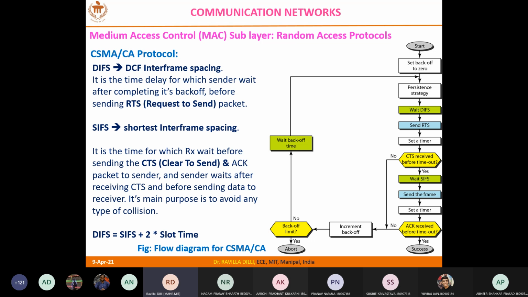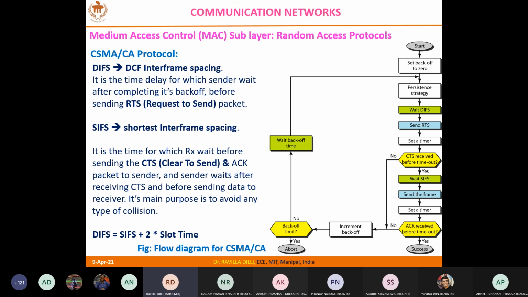And once you transmit your frame, you obviously expect ACK. So if you get ACK, your frame is a success. Otherwise, the binary exponential backoff algorithm will be repeated. So the left part of your flow chart, that is increment backoff. That means your attempt K value will increase, and K will be compared with 15.